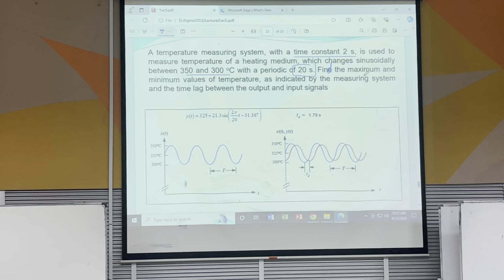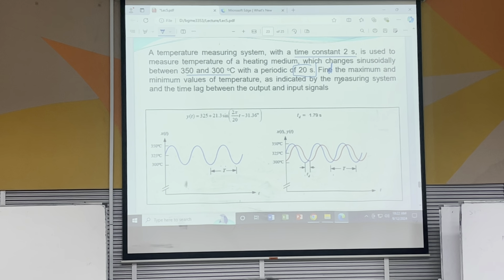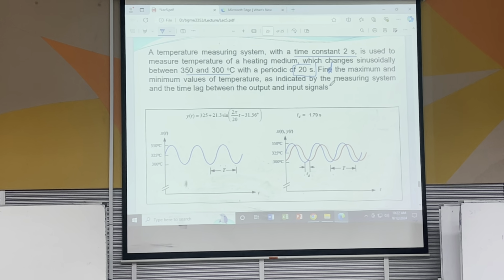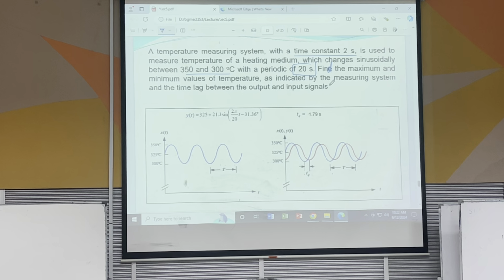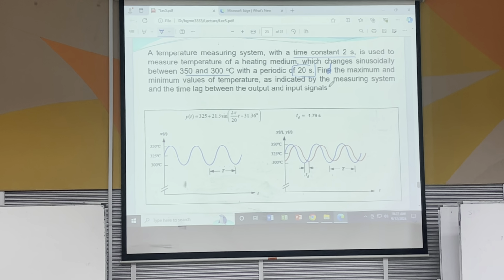Find the maximum and minimum value of the temperature. Basically, this means based on the output, what will be the maximum and minimum. So first of all, you need to find the output solution before you find the maximum and minimum, and then find the time lag.